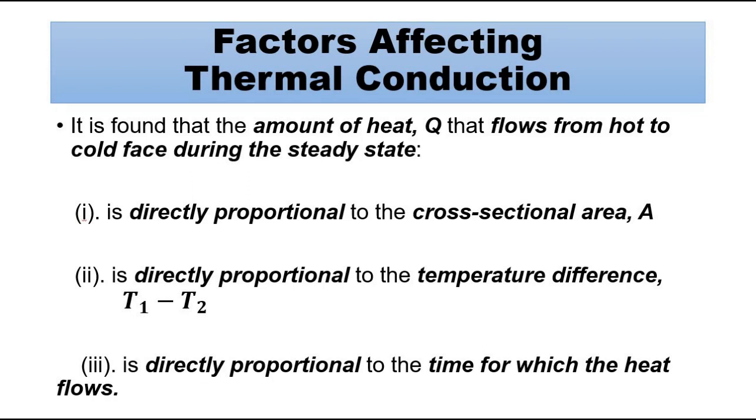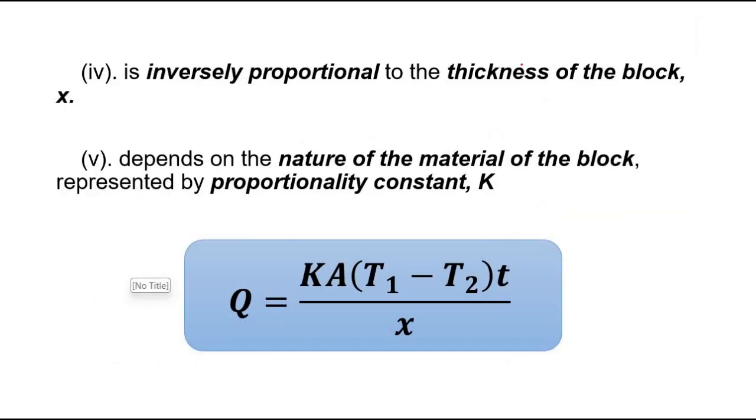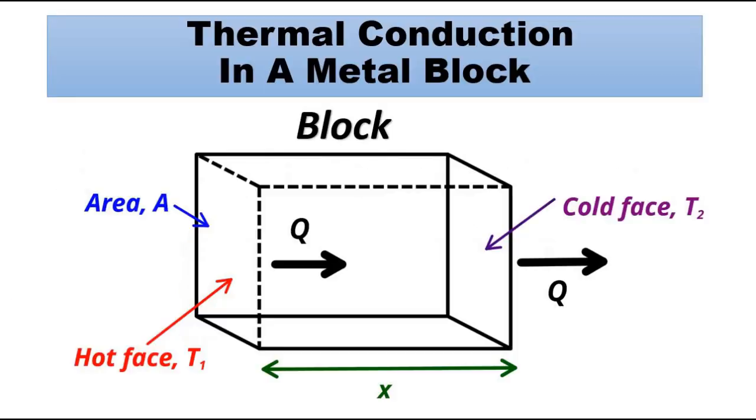We call it, let's say, small t. And it is inversely proportional to the separation distance, that is the thickness of the block or the separation distance x. So here we combine all of these, where Q is directly proportional to the cross-sectional area, directly proportional to the temperature difference between the hot and cold face T1 minus T2, the time duration for which the heat flows, that is small t, and inversely proportional to the separation distance or thickness of the block.